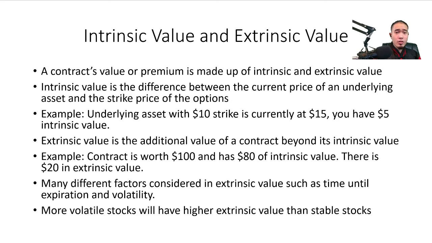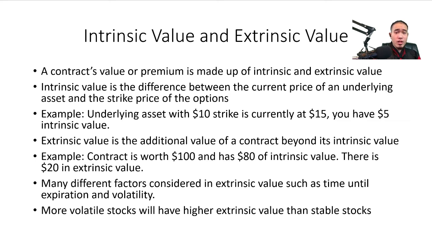Okay, now let's talk about intrinsic value, or IV, and extrinsic value, or EV. A contract's value or premium is made up of intrinsic and extrinsic value. Intrinsic value is the difference between the current price of an underlying asset and the strike price of the options contract.